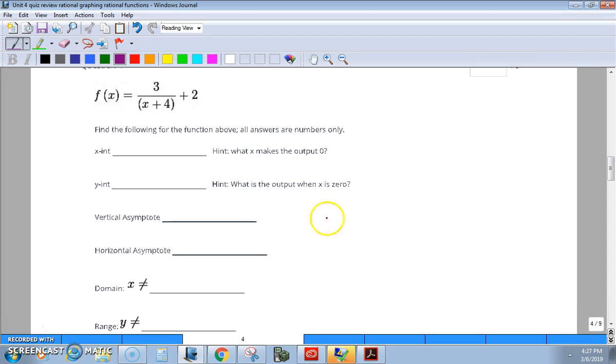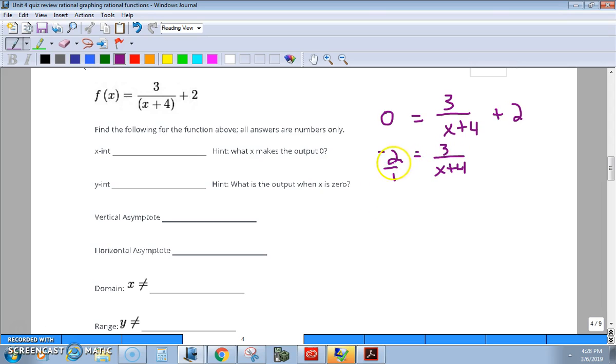So the first one is, what is the x-intercept? So what makes the output 0? We could set 3 over x plus 4 plus 2 equal to 0 and subtract 2 from both sides, giving 3 over x plus 4. This is where it gets confusing solving these rational functions. I'm just going to cross multiply.